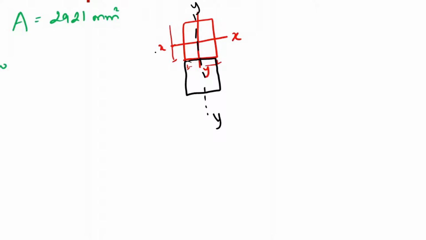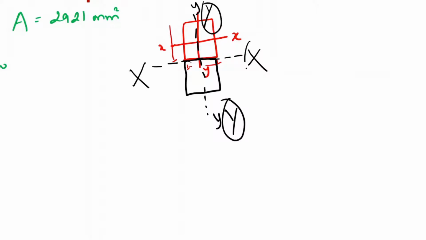But if you take the axis xx, it shifts to this point. Now this is the entire area. Now axis xx will shift here. Let me write this as capital X and capital Y. This capital Y and capital X are the global axes for the moment of inertia.